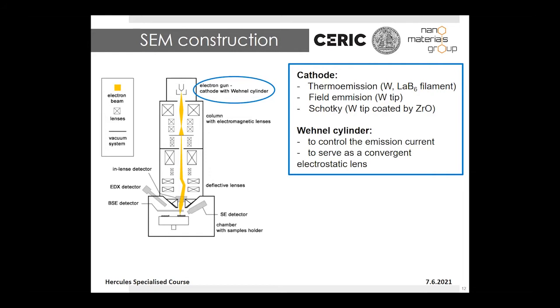After that, we have a first cylinder, first lens. It's a Wehnelt cylinder. The function is to control emission current and to serve as a convergent electrostatic lens.